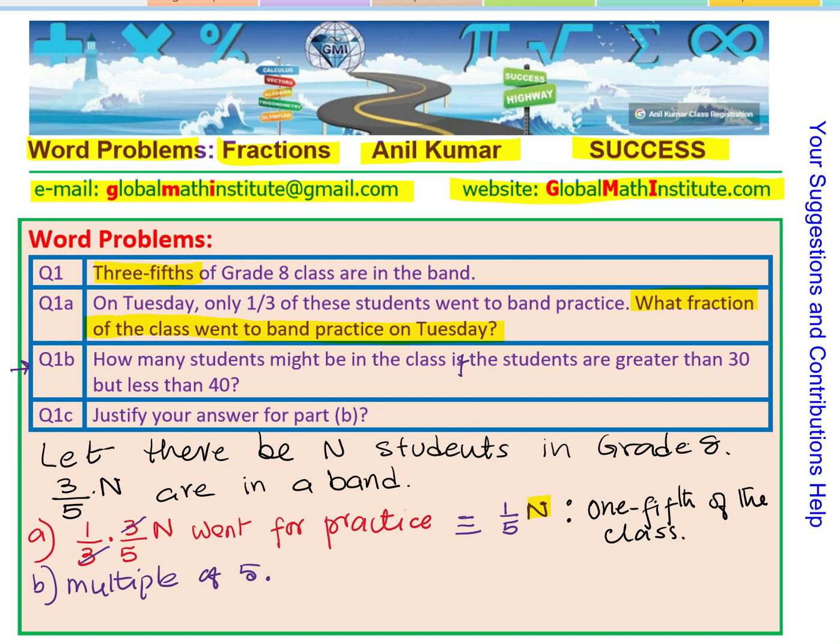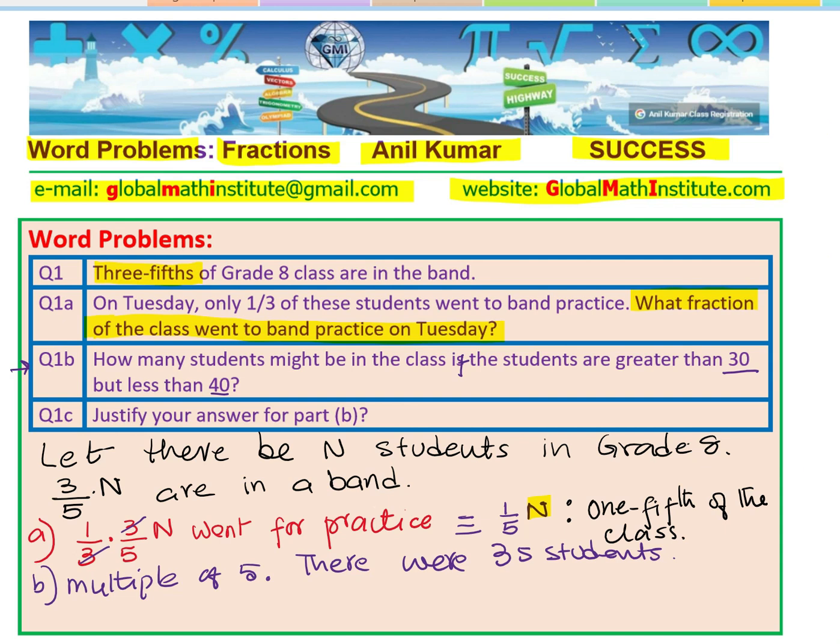It is given that the students are greater than 30 but less than 40. It means there were how many students? Yes, you're right. 35 students. For sure, that is the only number which is between 30 and 40 and is also a multiple of 5. So when you divide 35 by 5, you get 7. You get the idea? So we've answered part B.